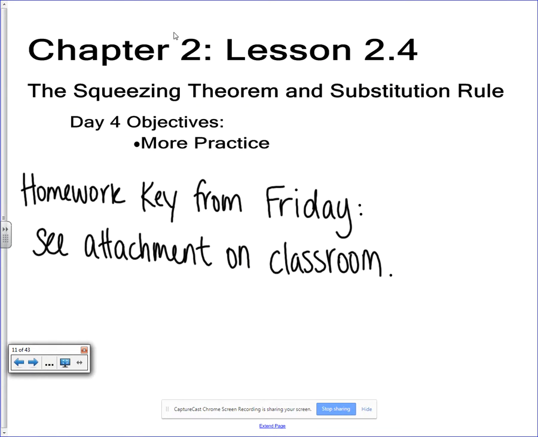I use the delta X way throughout this homework, so please be aware of that. You may not have used the definition that I used, but at least you can see the answer, and then you can hopefully go through my work and see what I did. I'm going to pause for a minute while you take a look at that homework key. You can pause the video and then pick it back up when you're ready.